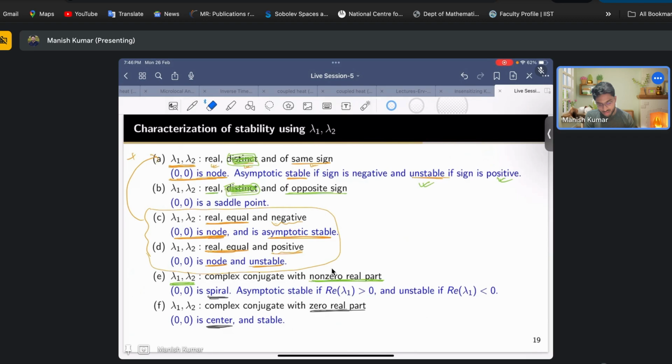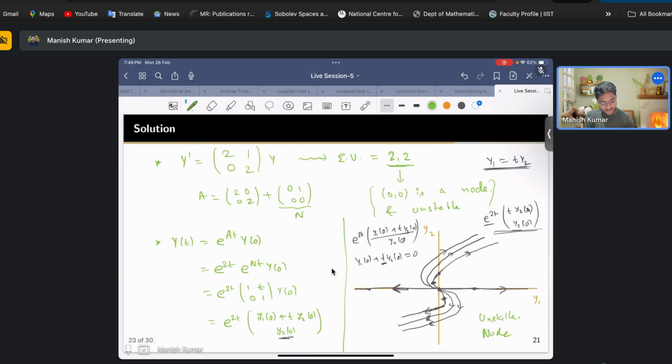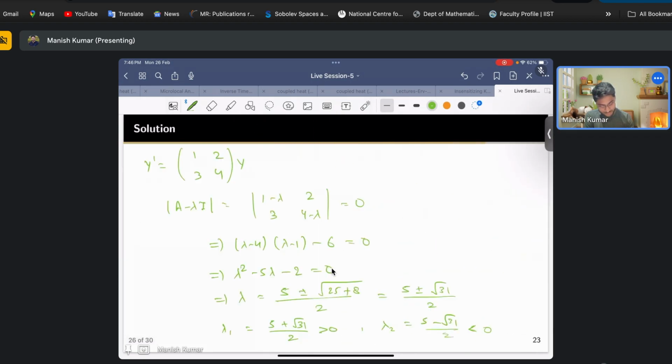Here both are real and of opposite sign, right? So that means it is a saddle point. So 0 comma 0 is a saddle point, correct? This is what we have.